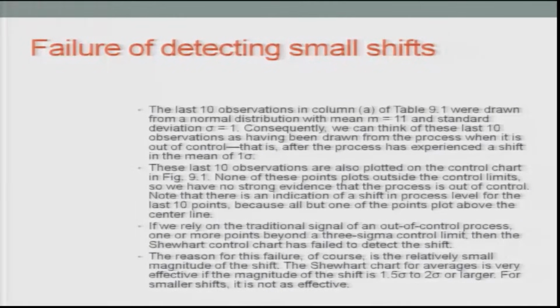The last 10 observations were drawn from a normal distribution with a mean of 11 and standard deviation of 1. Consequently, we can think of these last 10 observations as having been drawn from a process that is out of control, the reason being that the mean value is shifting. If it is shifting, obviously there would be a trend which shows that the overall central line is moving.